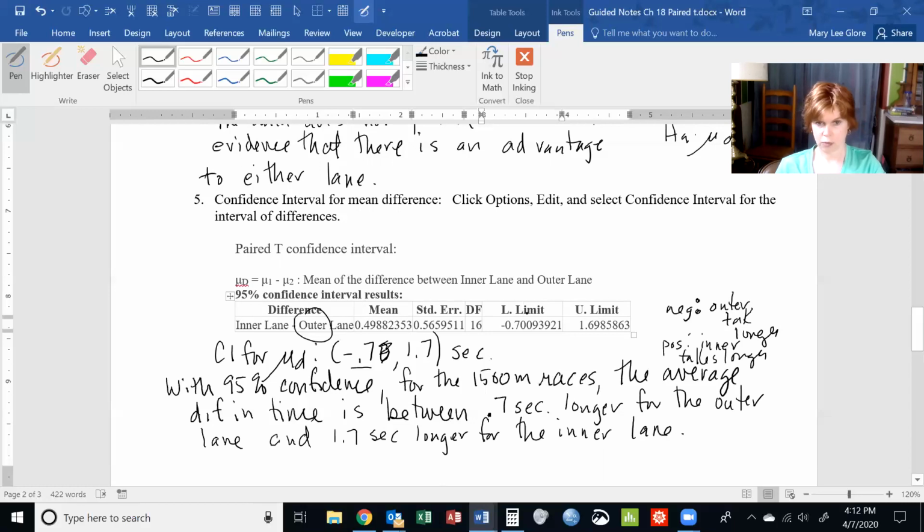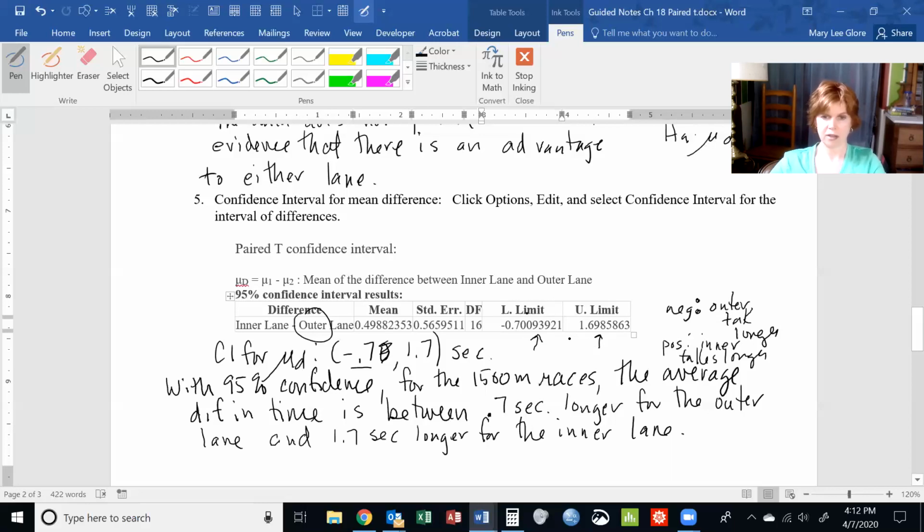All right, so this is kind of reiterating what I had in the test. It's possible that I get something negative, which means there's an advantage to the inner lane, because the outer takes longer. And it's also possible that I have a positive value, which means there would be an advantage to the outer lane. So either one of those.